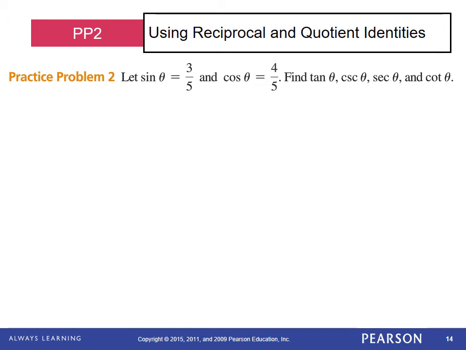All right, for the tangent of theta, now you're given sine and cosine, so you want to use the quotient identities. It kind of depends what you're given. You say to yourself, tangent theta is really sine theta over cosine theta.